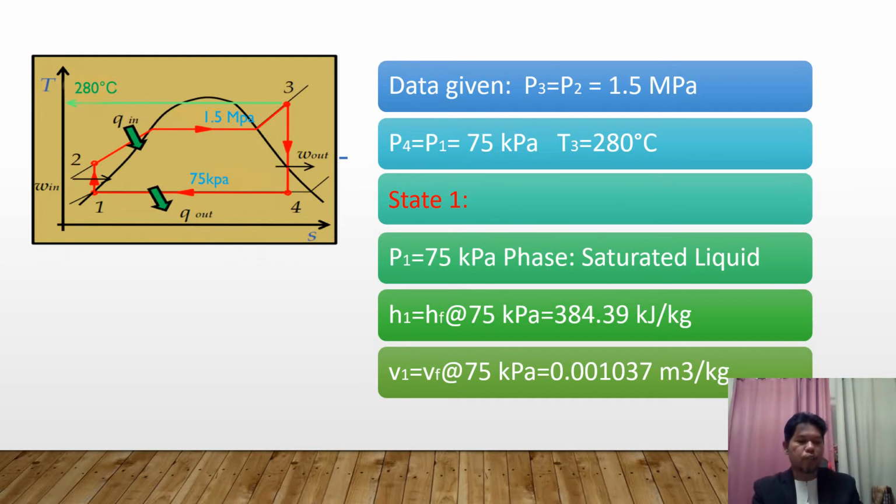From the saturated water table, the enthalpy for state 1 is 384.39 kilojoule per kilogram, and the specific volume at state 1 is 0.001037 meter cube per kilogram.